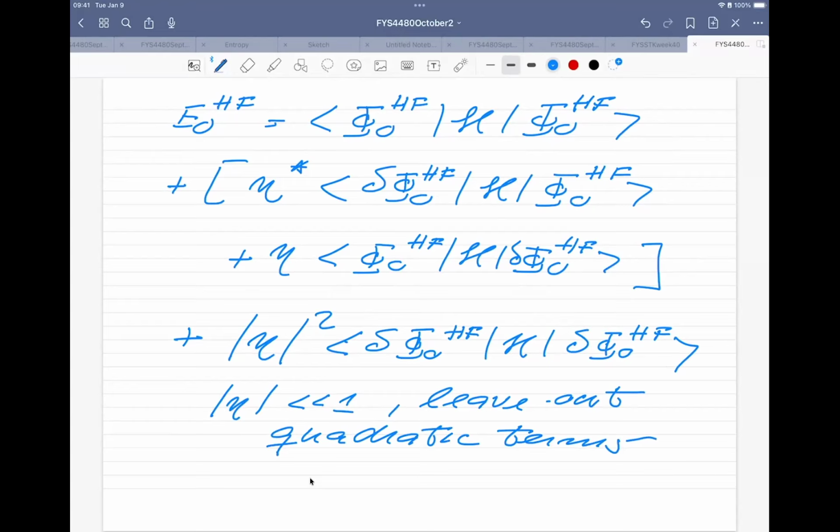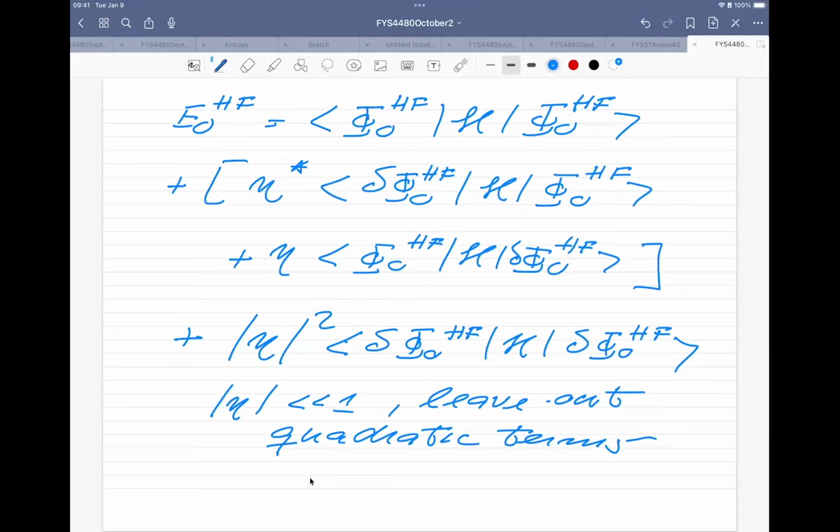So the standard approach, if you remember back to the derivation of the equations of motion for Newton's equation, is that you did exactly the same. You ignored the eta squared term in the derivation of the final equations.